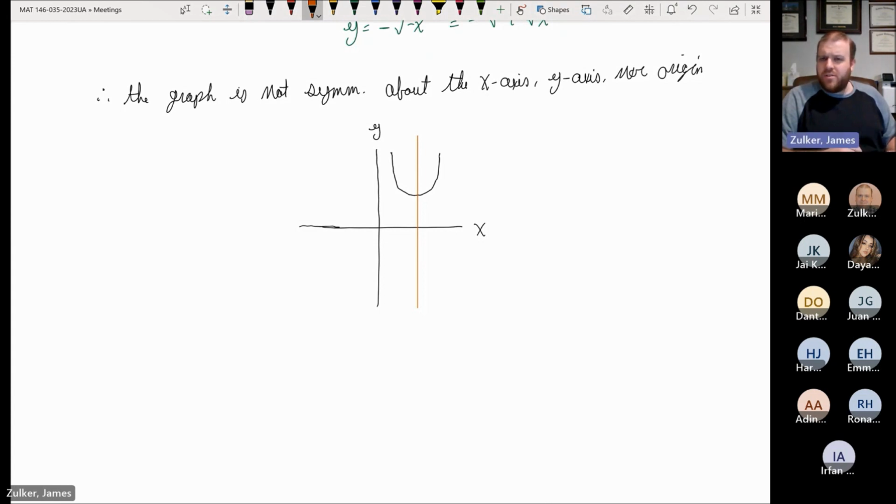The vertical line? That just determines whether it's a function or not. Right, this is a function, but it doesn't tell us anything about symmetry.